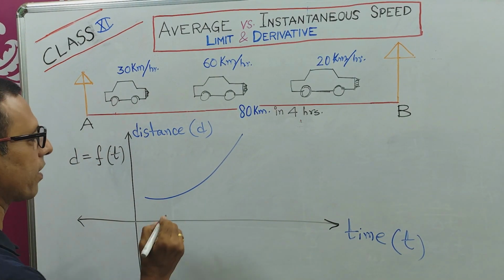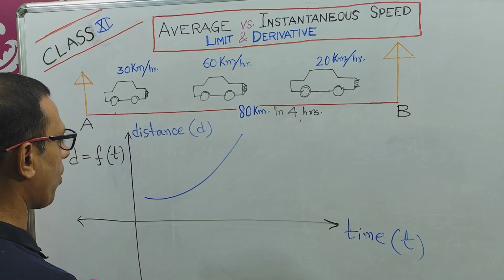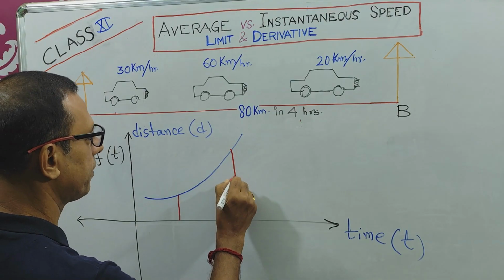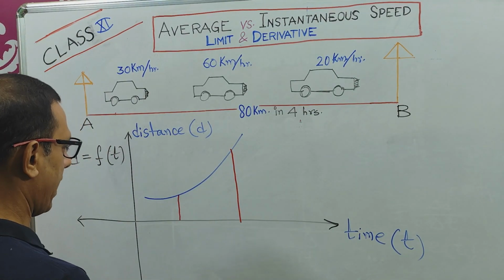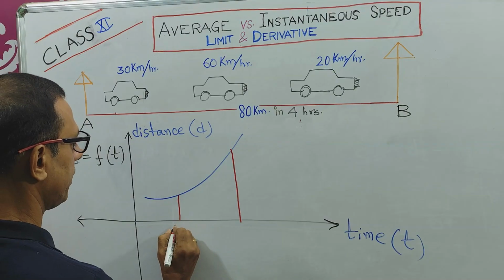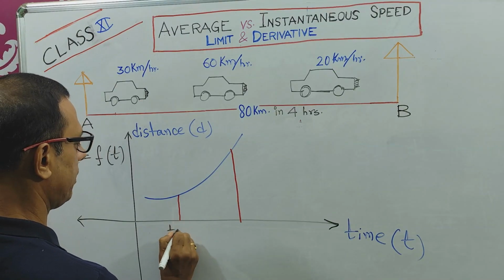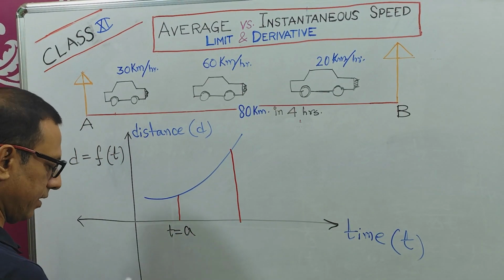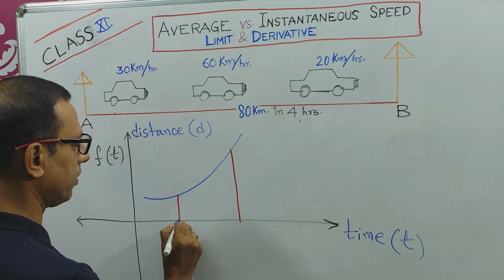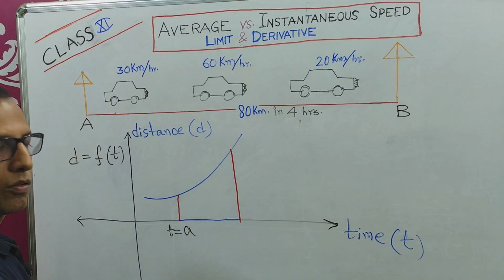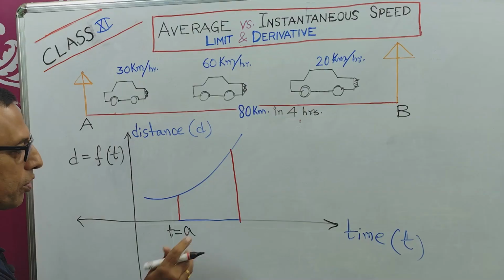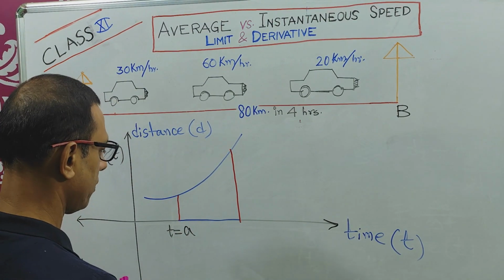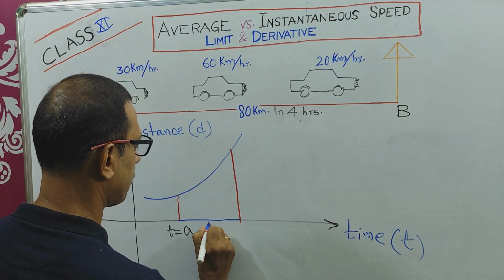If distance D is a function of time t, then let's say these 2 points are here. At this point, t equals a, and the distance between these 2 points, where I am considering the average velocity, let's say this distance is h.